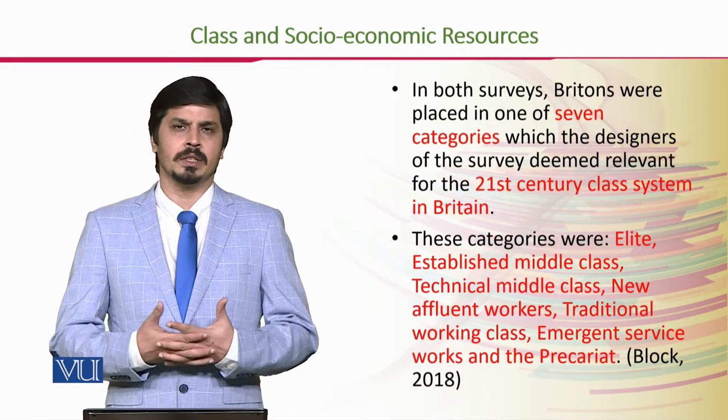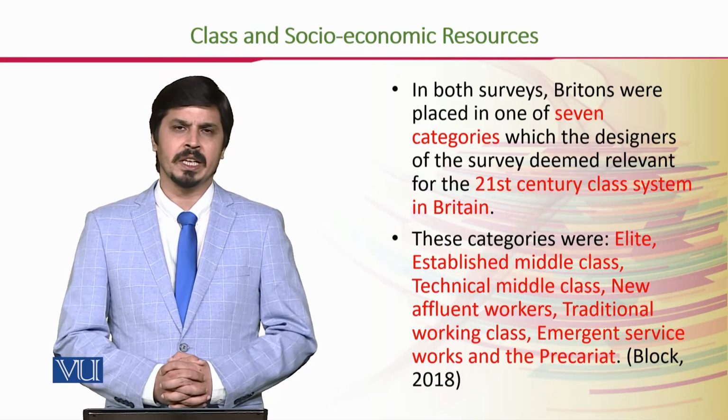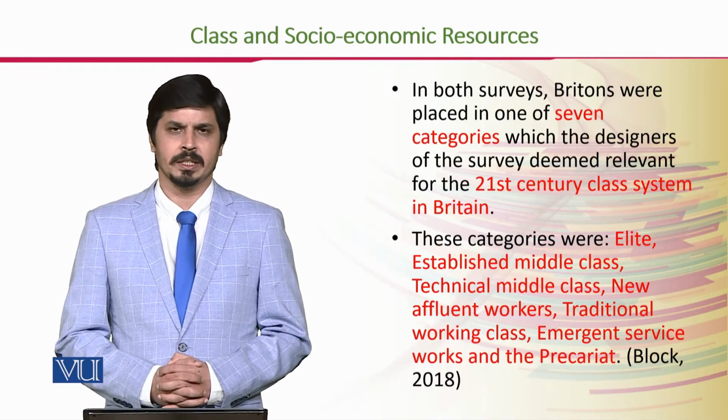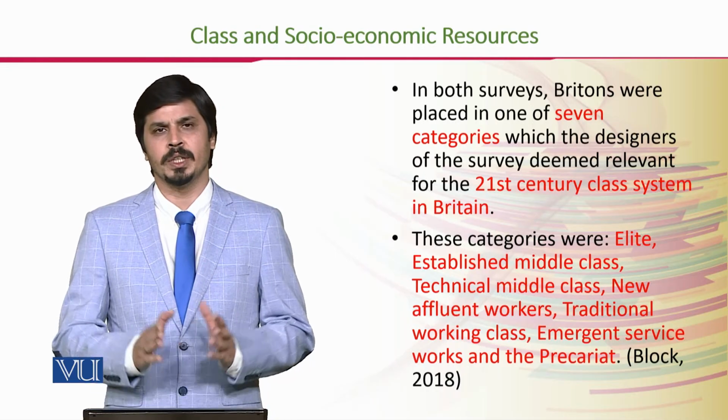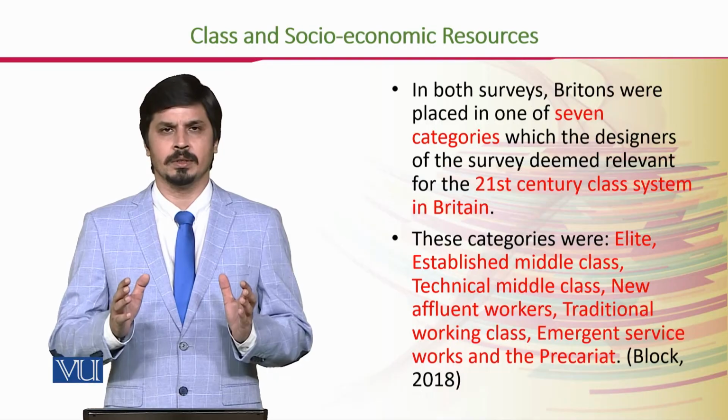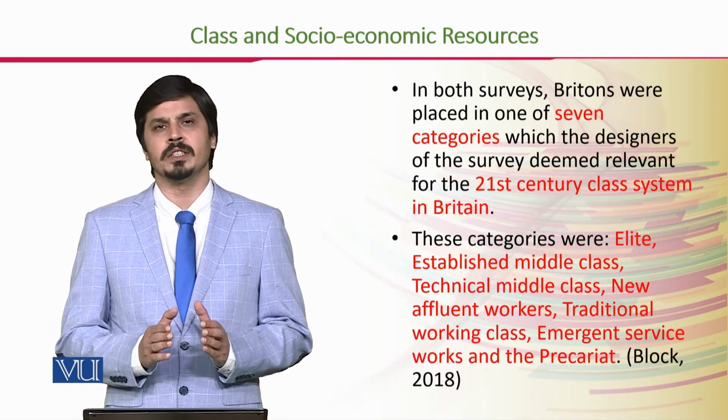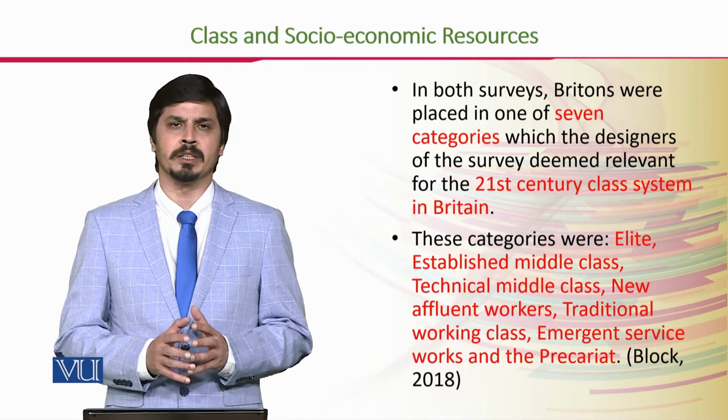In these surveys, they identified 7 categories of classes in British society, and these classes were based on various income groups, or also based on various sources from which these incomes come.